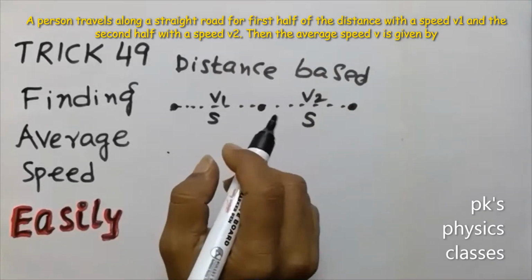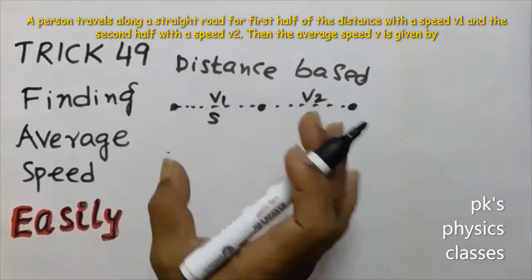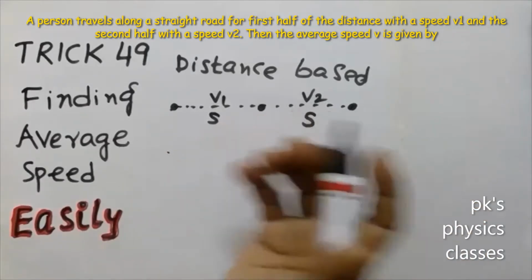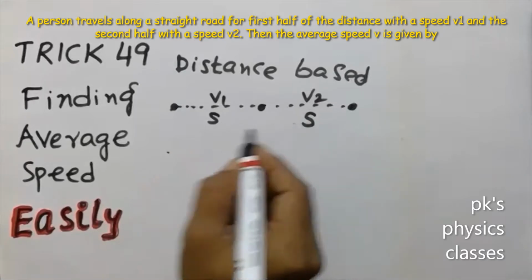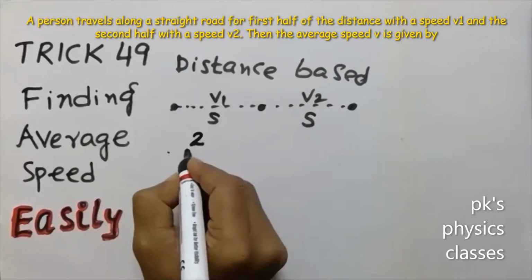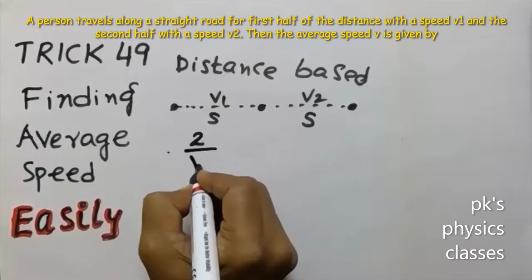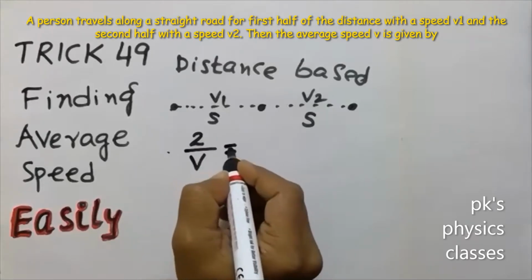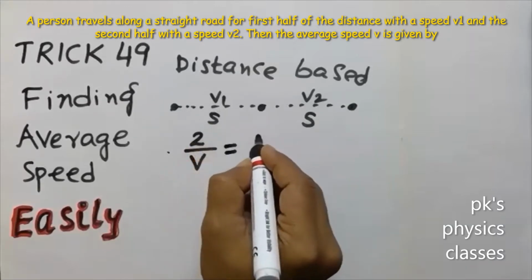So to see that, just simply skip the procedure. Just write this kind of equation every time in the next cases also. How many distances? 2. What is the average speed? V. You are asked to find that one, which is now equal to the first distance. How much is it?